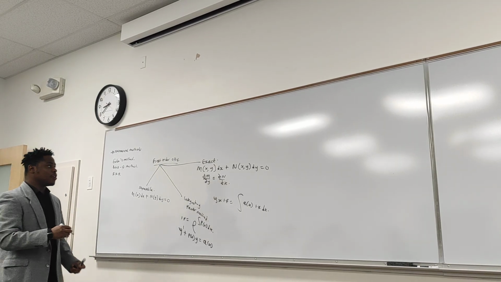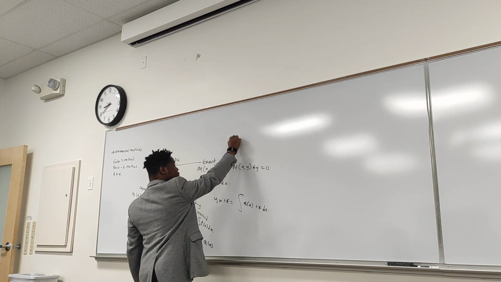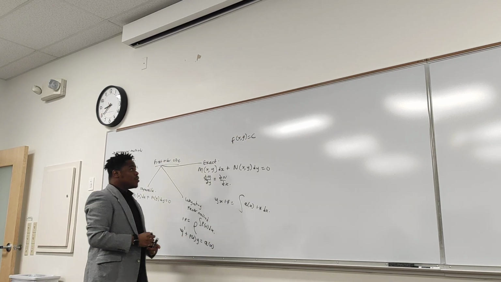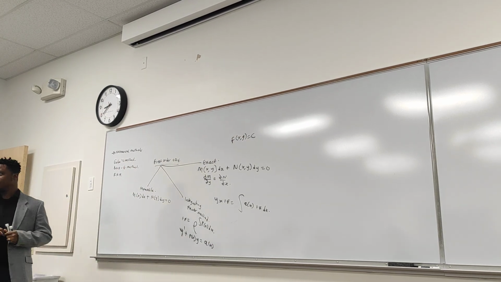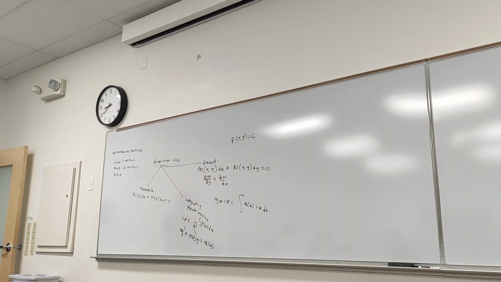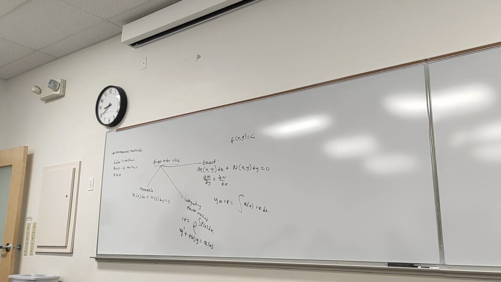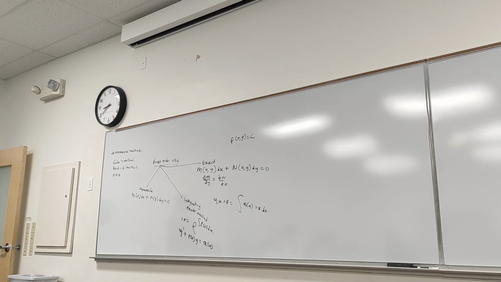If f, a function of x and y, equals c is the solution, on what conditions do you use this solution? Who remembers? Or how do you solve exact? Let's put it that way. Who can give us the 3 steps to solving exact differential equations?